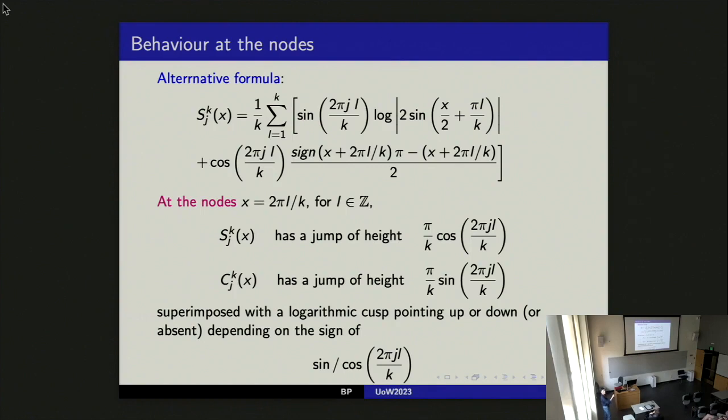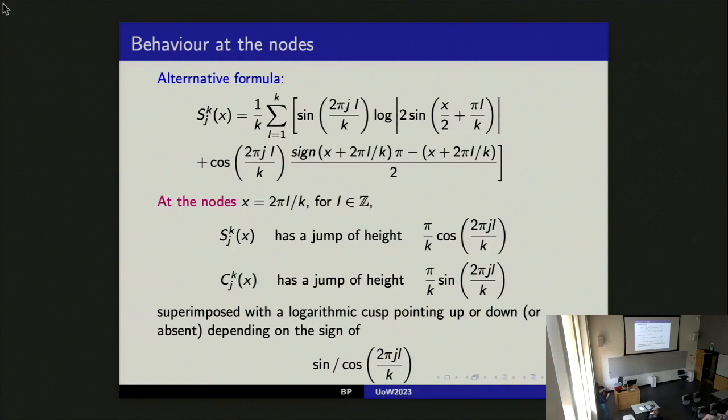This is all done for you in this library, and you find that S, the ones that we're interested in, has jumps of a certain height superimposed with a logarithmic cusp, so these infinite cusps, pointing up or down. So the jumps and the cusps are not mysterious anymore. They come from the structure of these special functions.